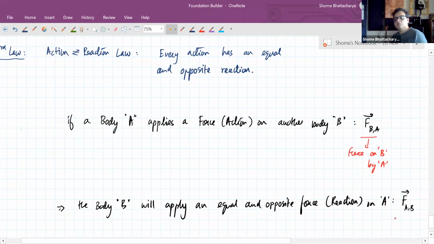So this symbol is now the force on A applied by B. This was the force on B applied by A.